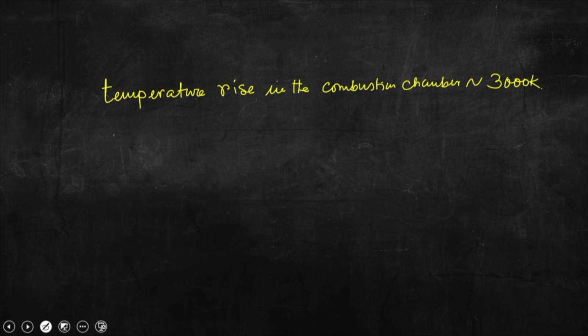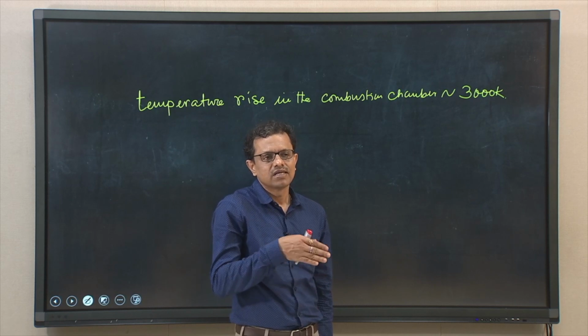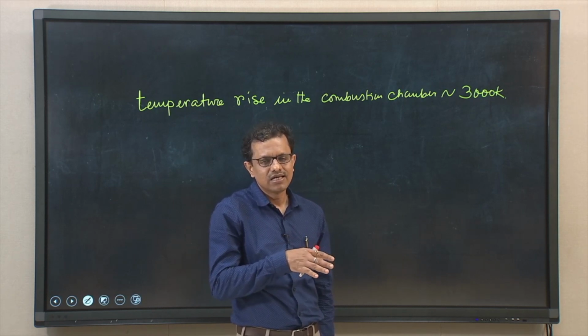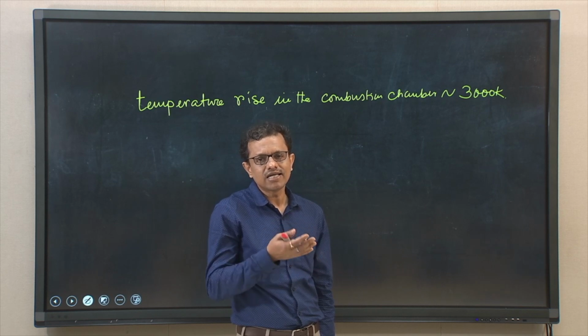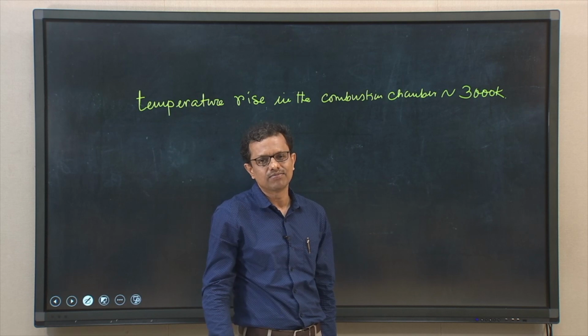Try to understand, if there is no way out to reduce the temperature of the combustion chamber, it is very unlikely to have any material that would be able to withstand this high temperature.